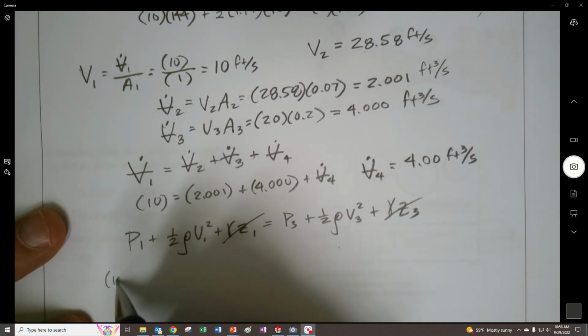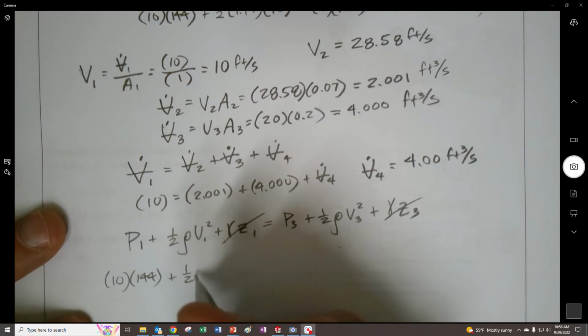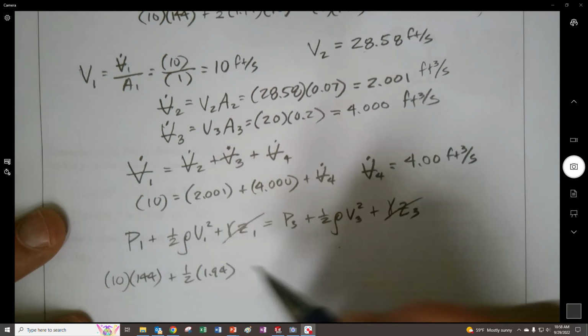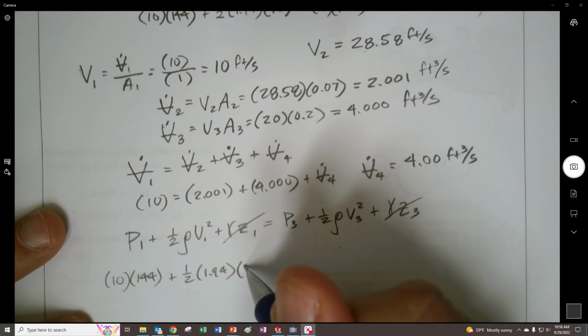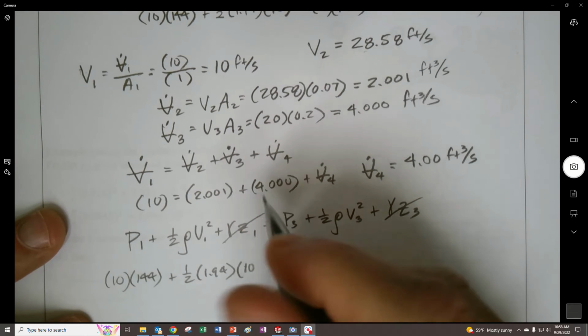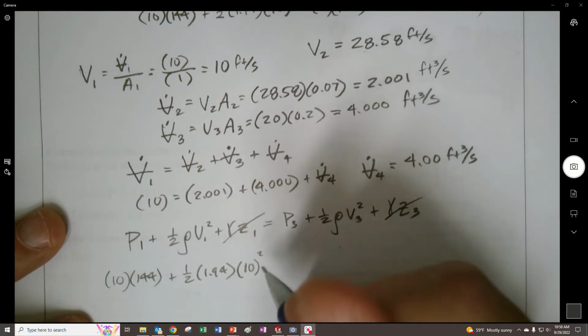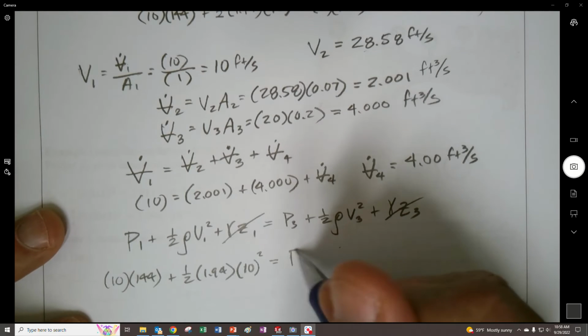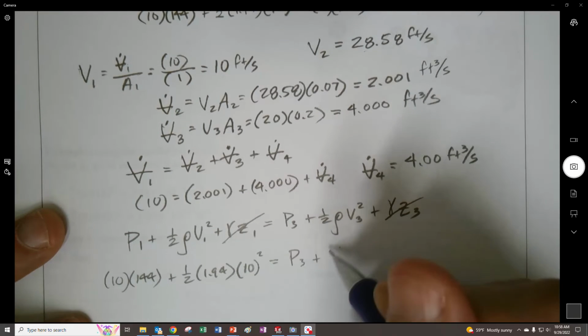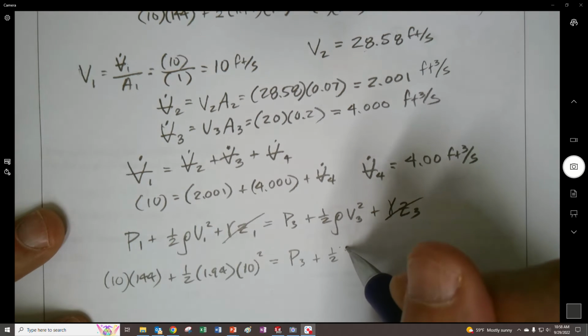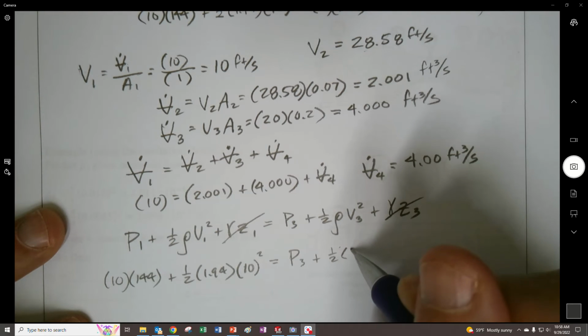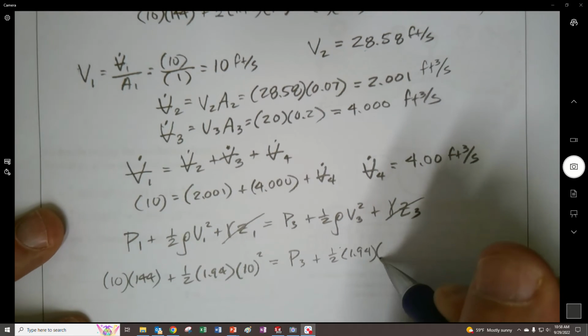And I think we had 10, and we have 144 there, and then we had 1.94 for water, and we had 10 here as well, 10 feet per second squared. And the pressure is what we're trying to find. Yeah, so 1.94, and 3 we were told was 20 feet per second.